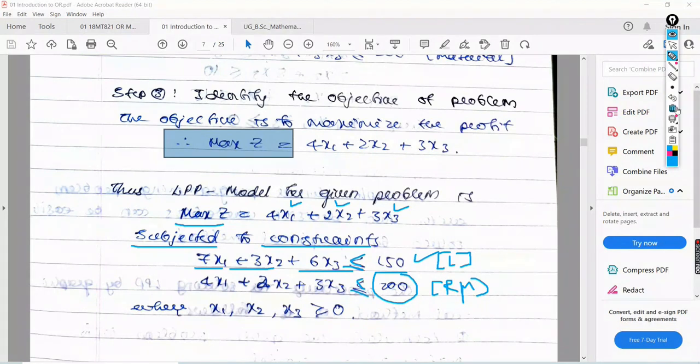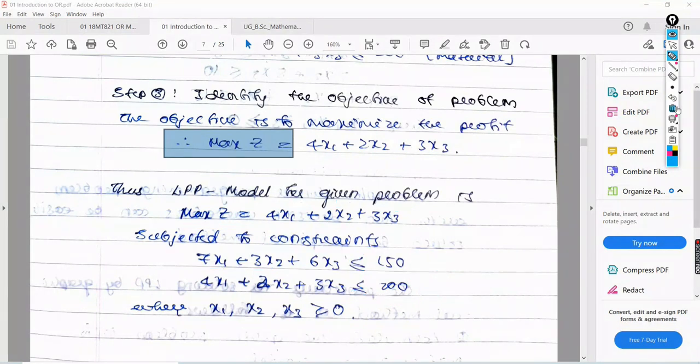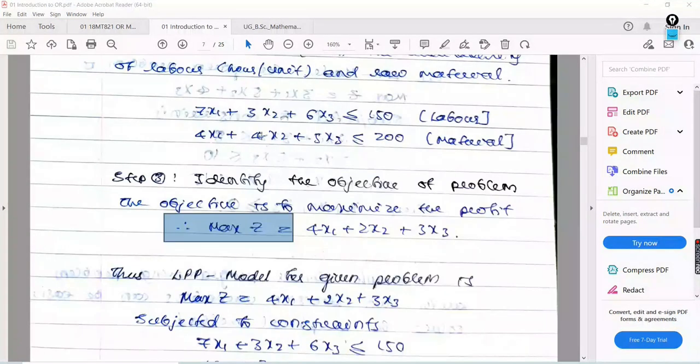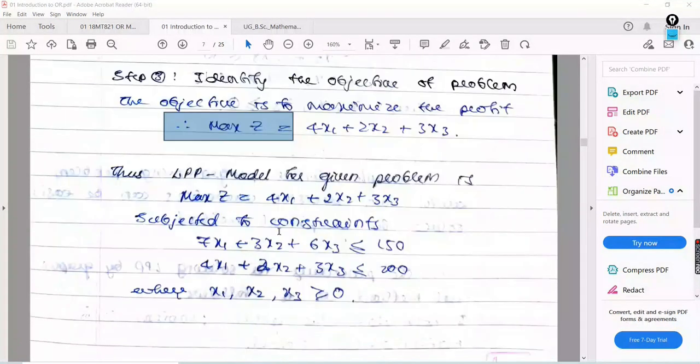Is it 2 or 4? The raw materials are 4x1 plus 4x2 plus 5x3. Correct. This is 4. 4x2 plus 3x3 less than or equal to 200. Subject to x1, x2, x3 being non-negative values. These should not be negative values.